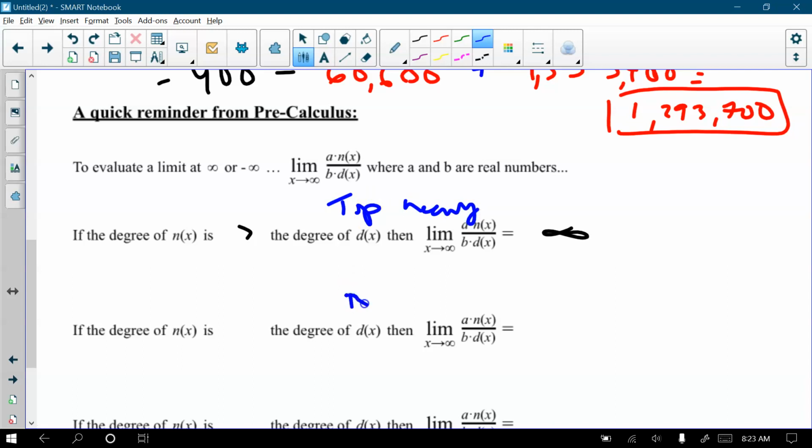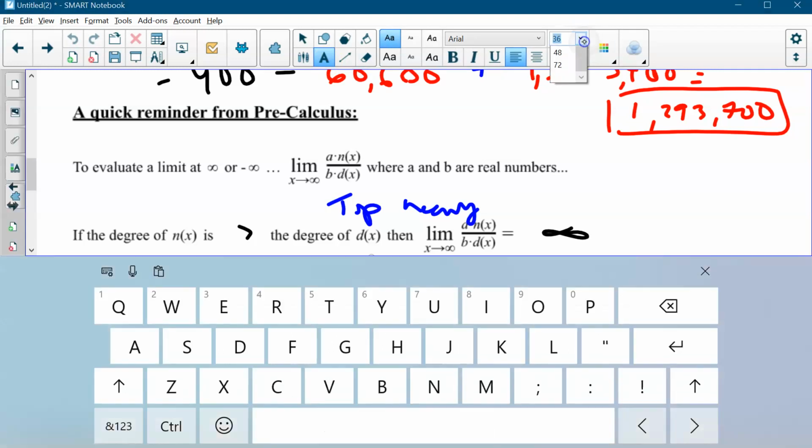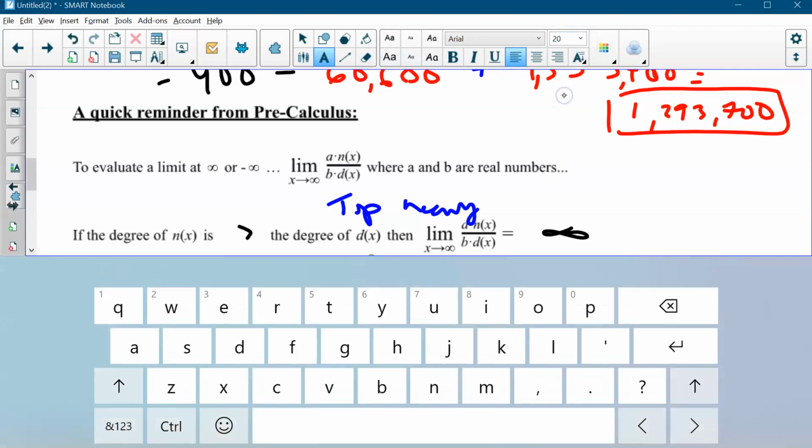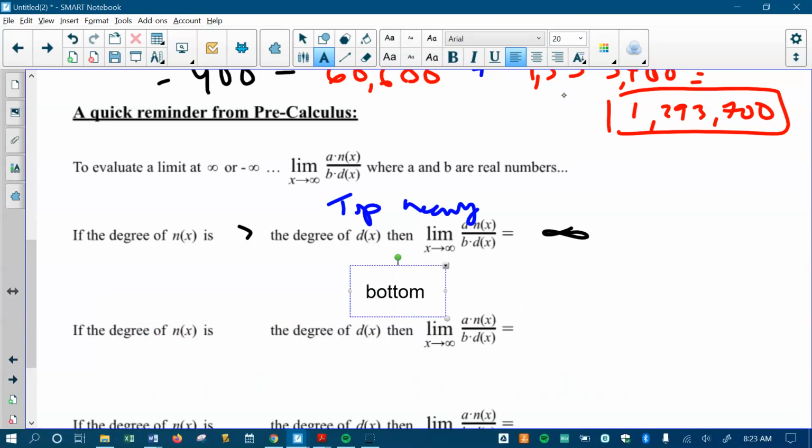Okay, if it's bottom heavy, then that means the degree of the numerator is less than the degree of the denominator.